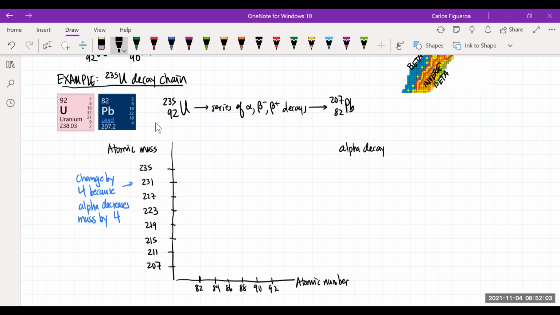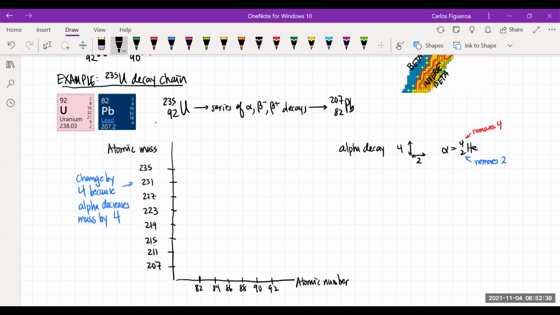So what I'm seeing here is that this square right here is a unit of 4, and this square going this way is a unit of 2. And that's because an alpha particle is 4, 2. And what it does here is it removes 4. And then this guy, it removes 2.